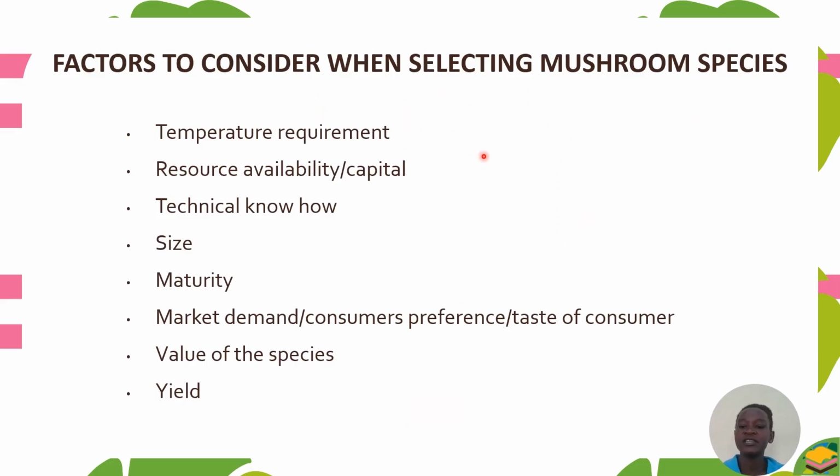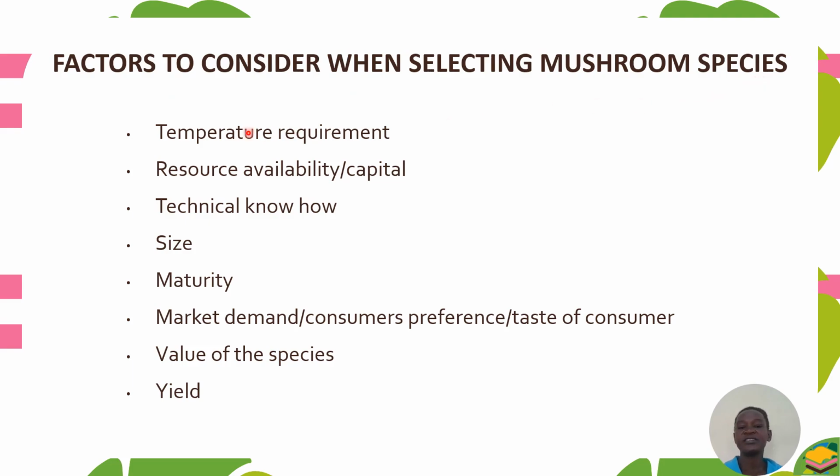So since there are several varieties in terms of the shape, in terms of the color, therefore there is need for us to select the mushrooms which we are going to grow. So there are factors to consider when selecting mushroom species.